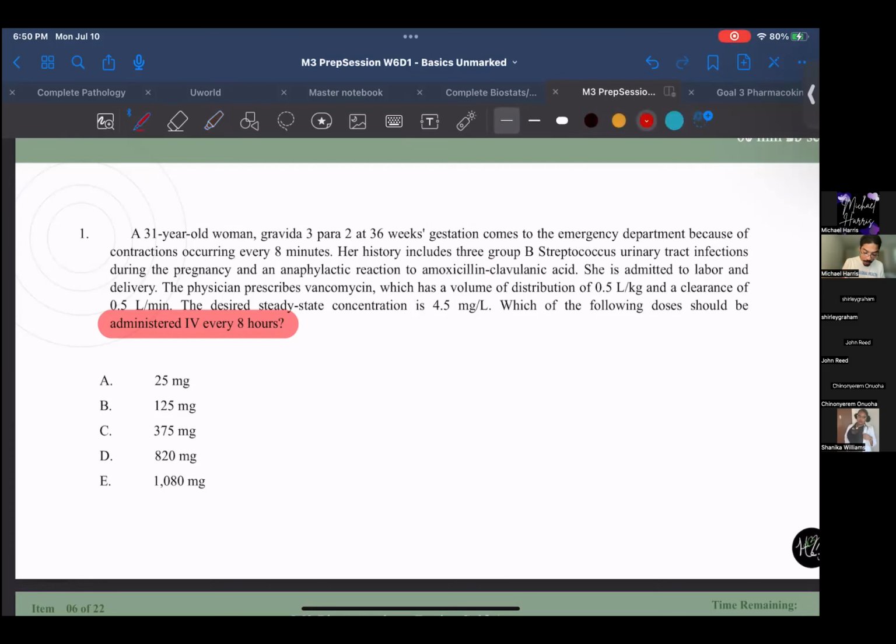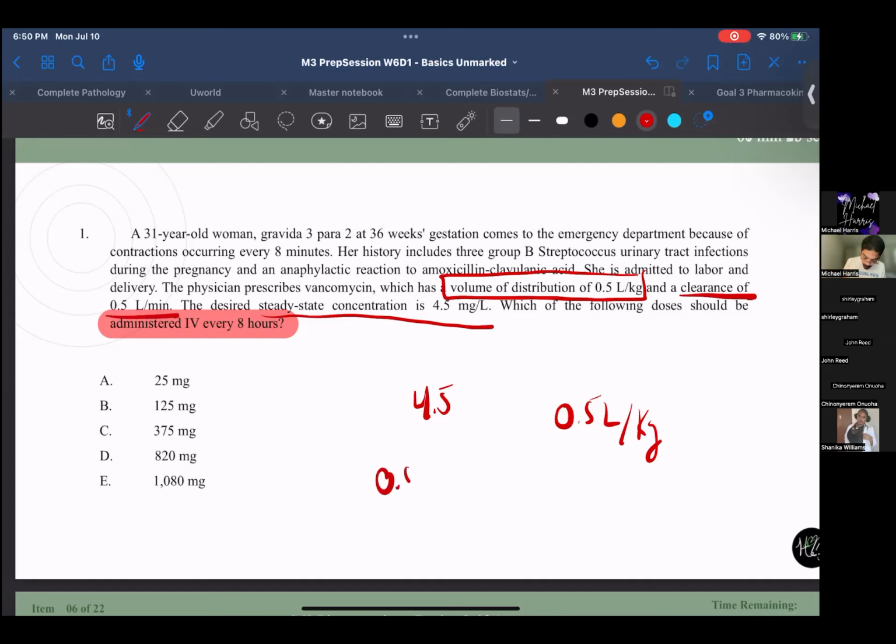So with that being said, we know our steady state is 4.5. We know our volume of distribution is 0.5 liters per kilogram. And they're giving us our clearance, 0.5 liters per minute. Now, my next question is this. If you're giving a drug over multiple times, does it matter how big the volume is?